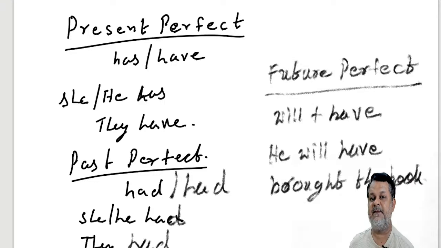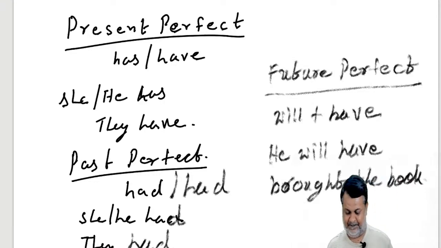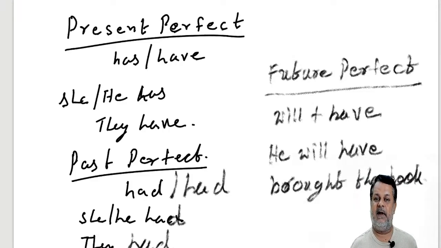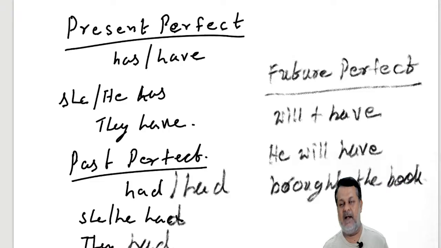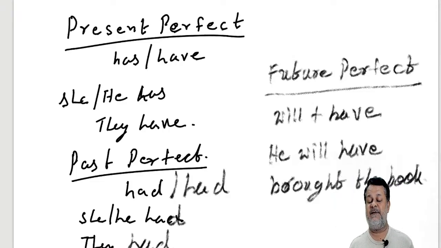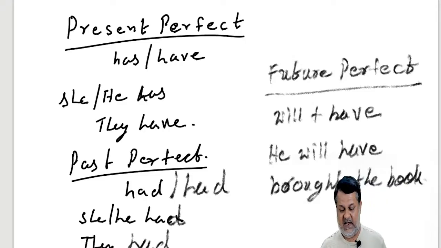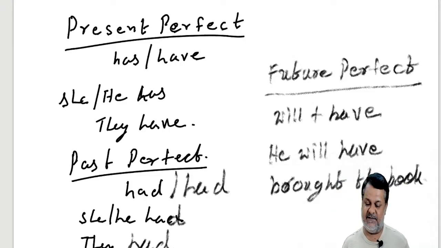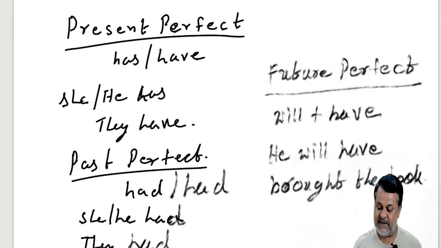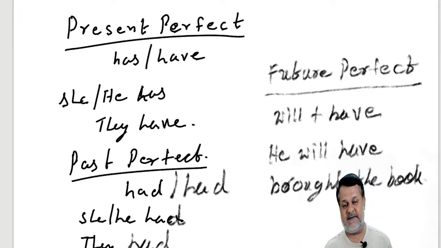So this becomes future perfect. Hope there is no confusion with the continuous term and the perfect term, because in continuous we will always be using ing, and in perfect we don't use the ing form of the verb, and always have to look at this particular usage.